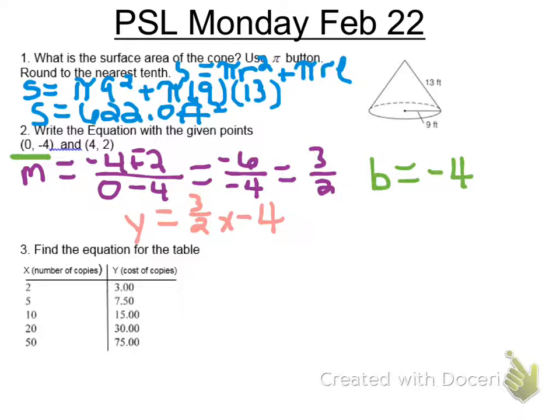Now for number 3, it's asking us to find the equation from the table. Now if you remember, we've been working on our tables here. To go from 3 to 7.50, you're going to add 4.5.